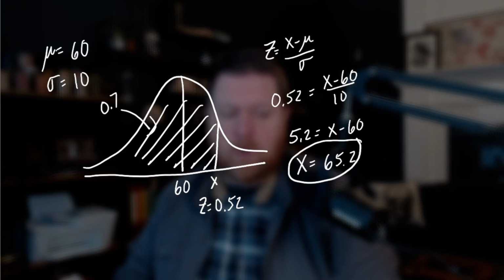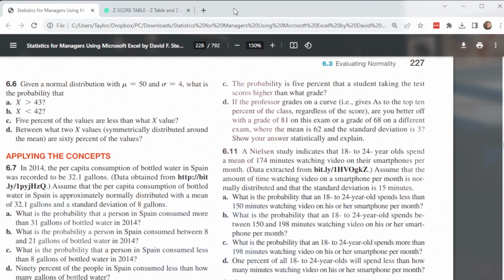Okay, let's do one more, and then we'll call it a day. Let me find another one here. Okay, so let me bring this back over so we can see it.